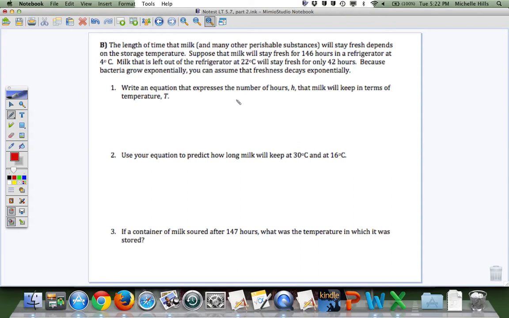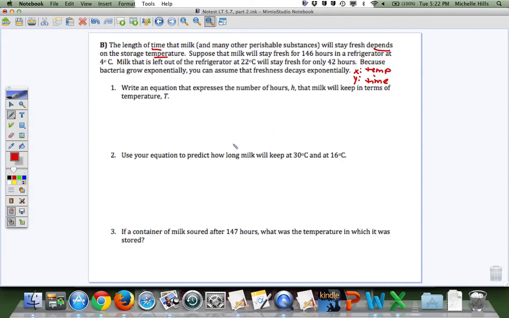This is a case where it's not the normal sort of thing like investing money. They do give me two different temperatures and two different times. It says that time depends on temperature. Remember, x is your independent variable and y is your dependent variable. So time depends on temperature.